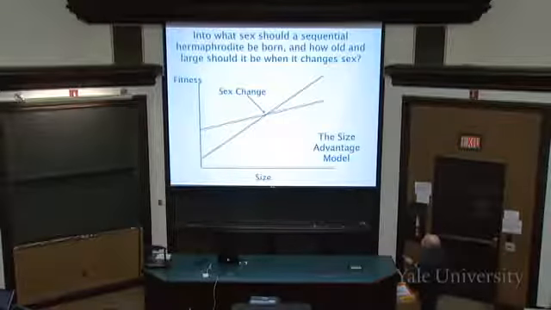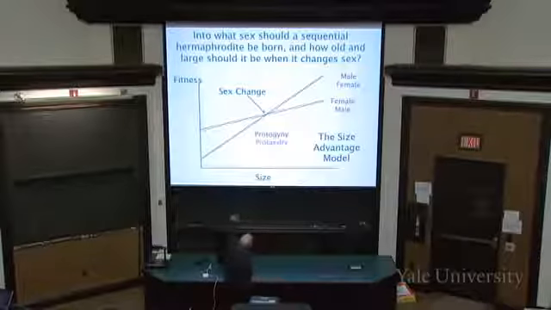And the size advantage model basically sketches out lines of fitness increasing with size, but they increase at different rates. And basically, the argument is you should be born into the sex that has higher fitness when you're small, and then you should change into the sex that has higher fitness when you're big, and you should change at the point where the lines cross.